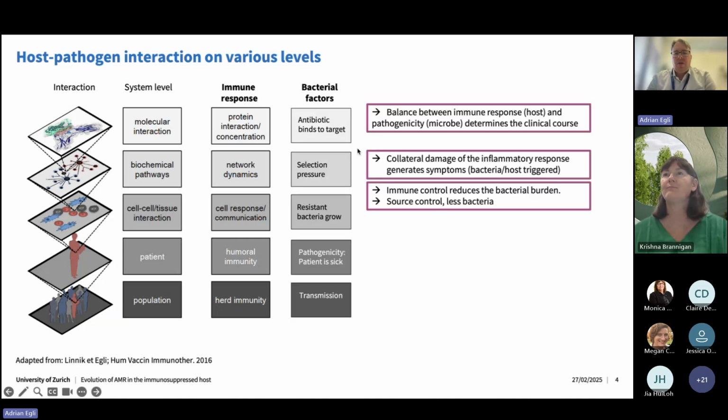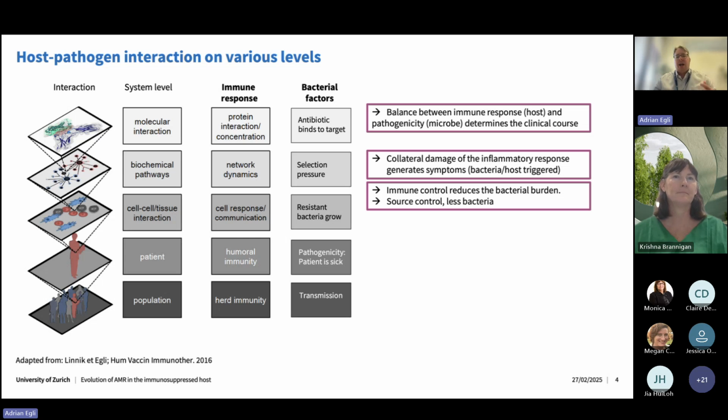Now, when we do the same thing with bacteria, we can imagine a bacterium invading the human body. Then there's an antibiotic which is given binding to the target of the bacterium. There's a certain selection pressure which then evolves from that, and resistant bacteria would start to amplify and grow within a certain tissue.